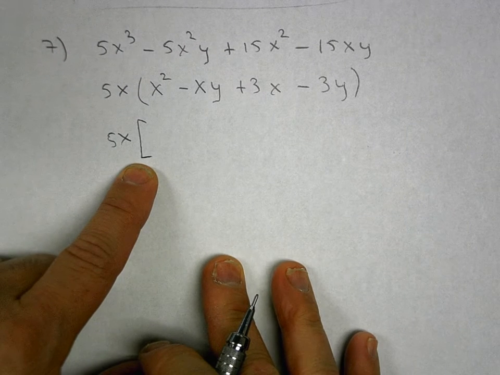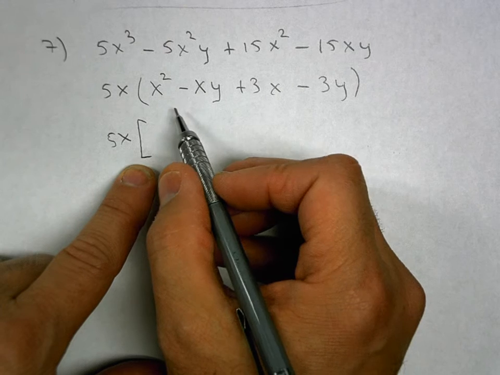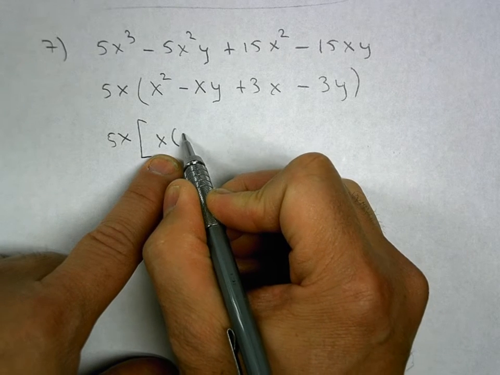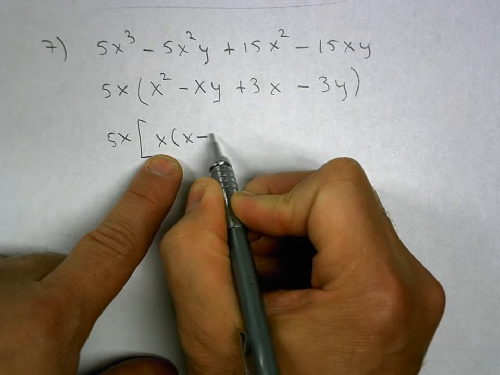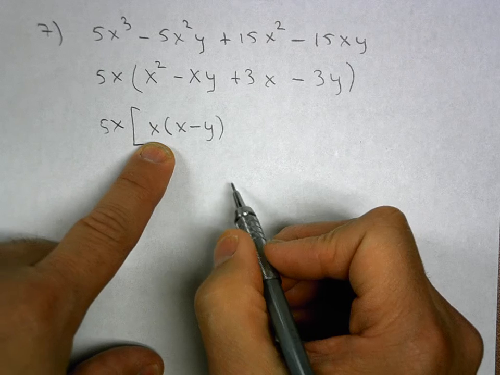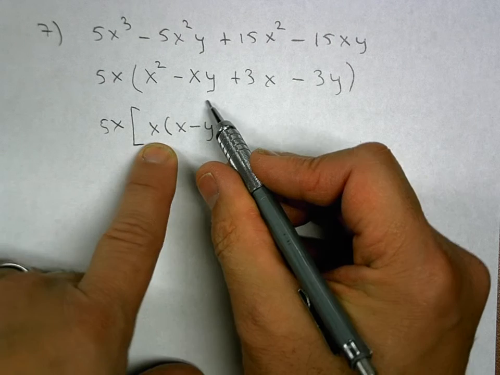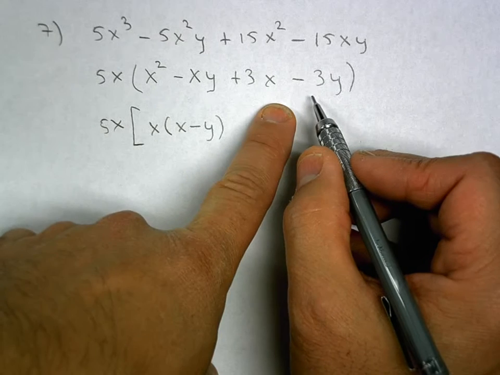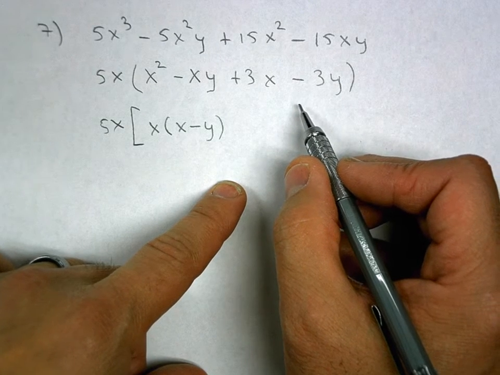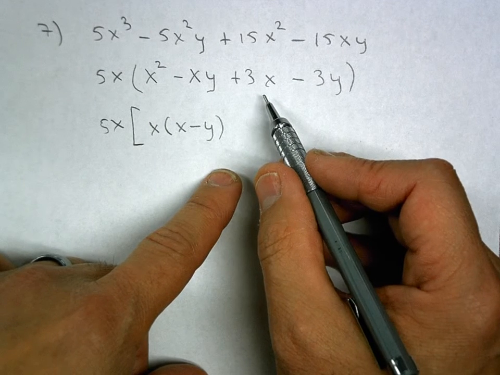Let's 2 and 2 factor this thing. What can I take out of the first 2? An x, and that leaves minus y. So far, so good. What can I take out of the other 2? Negative 3 or positive 3? I'd say positive 3. So should I just put 3?